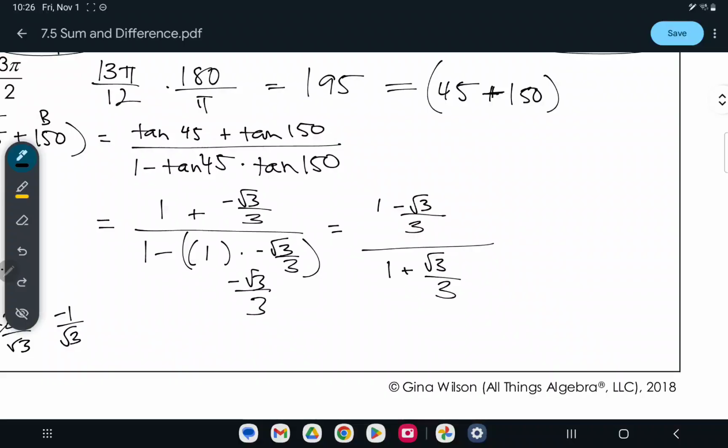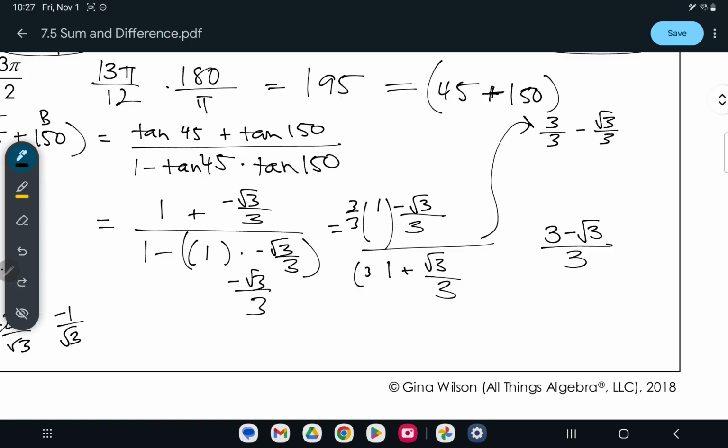So now what we want to do is get into one fraction. On the top, I'll have to multiply that by 3 over 3. I'm going to do the side work and move it up here. So I get 3 over 3 minus root 3 over 3. So as one fraction, that gives 3 minus root 3 over 3.